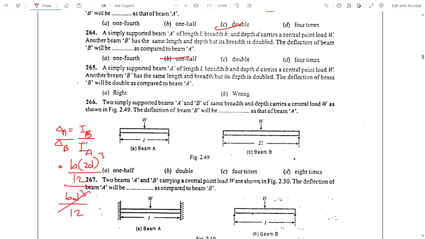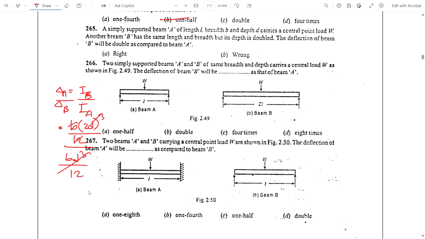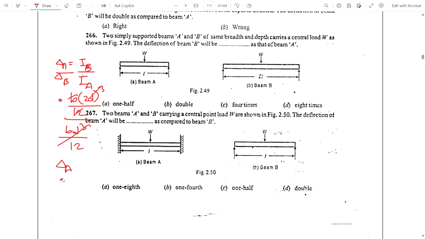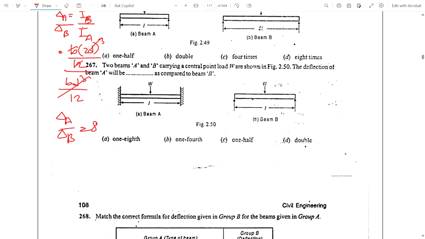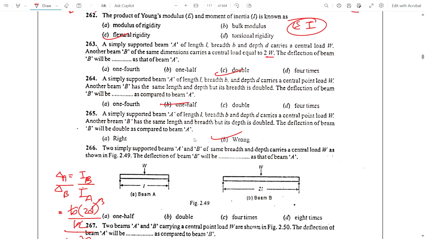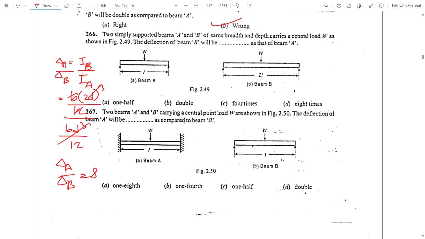Cancelling, 8 is present, so delta A by delta B is 8. They give that the deflection of beam B will be double as compared to A. This is not double, it is 1/8. So this is false. Now coming to the next question.